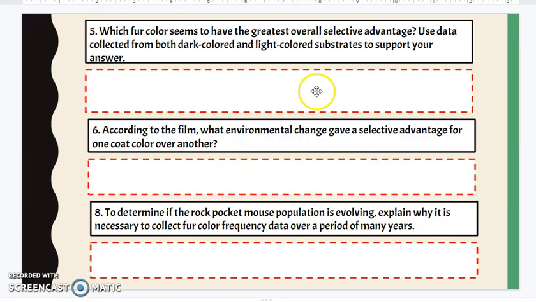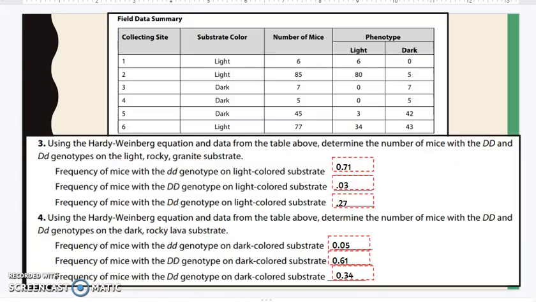All right. Now, when we look at these questions, which fur color seems to have the greatest overall selective advantage? Use data collected from both dark and light color substrates to support your answer. When we look at our data here, it looks to me as if the dark color phenotype has the greatest selective advantage.